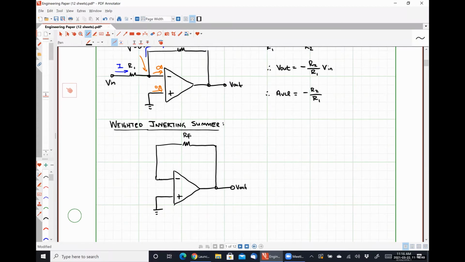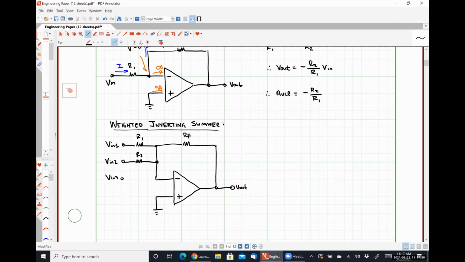And now, between my inverting input terminal and my input signals, I'm going to place resistances. So I'm going to say that I have some resistance R1 placed between Vn1 and my input terminal. I have a resistance R2 placed between my input 2 and the inverting input terminal.